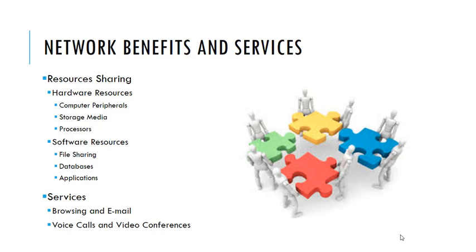Applications can also be shared over the network. They are also software resources. The simplest example of an application is a game that can be played by several users over the network. This is an application that is used over the network by several users in real time. Services.